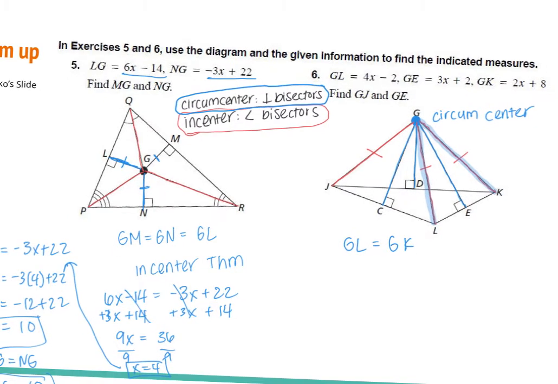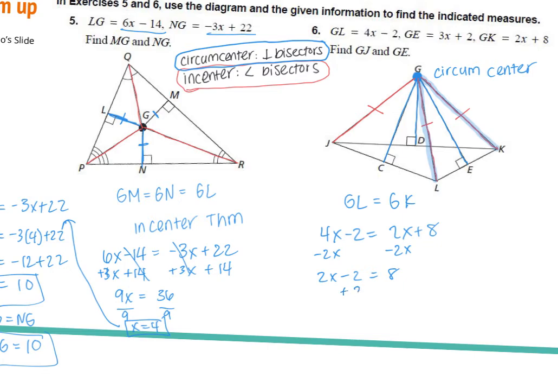So we're just going to write 4x minus 2 equals 2x plus 8. We can subtract 2x from both sides. We get 2x minus 2 equals 8. Add 2, add 2. 2x equals 10. Divide by 2, divide by 2. X equals 5.